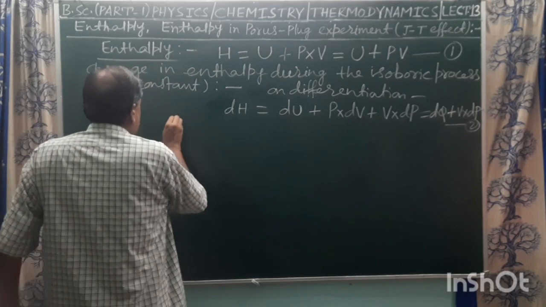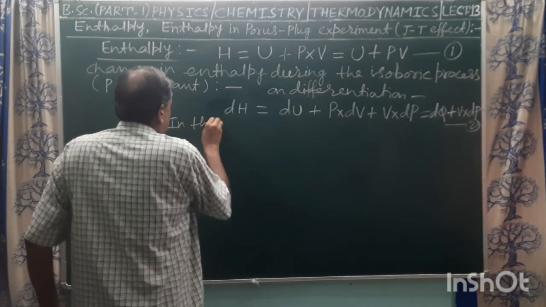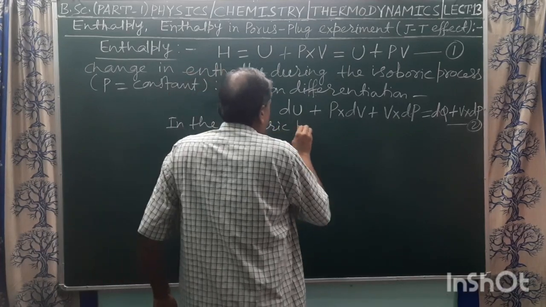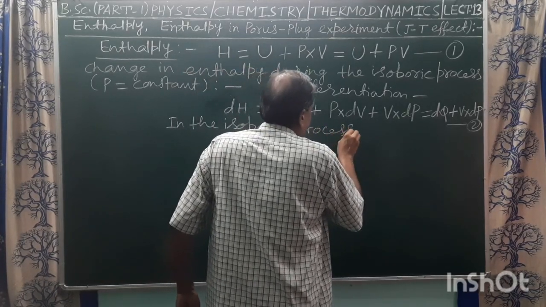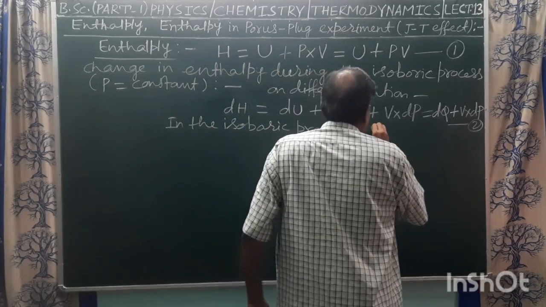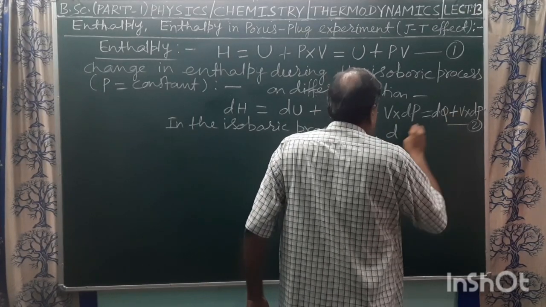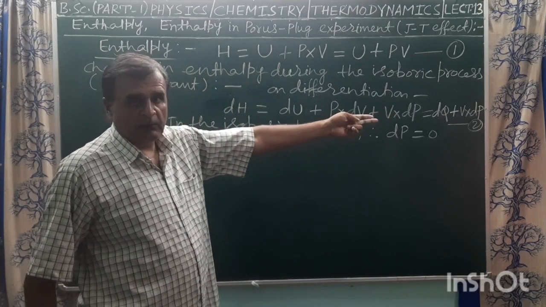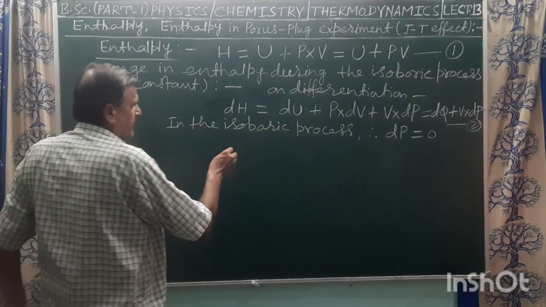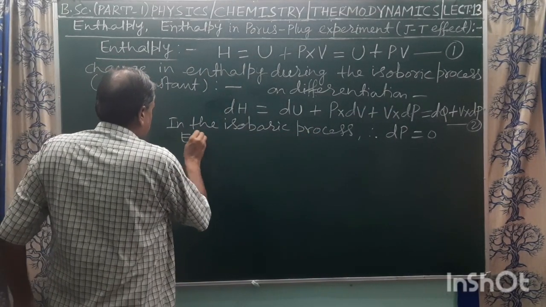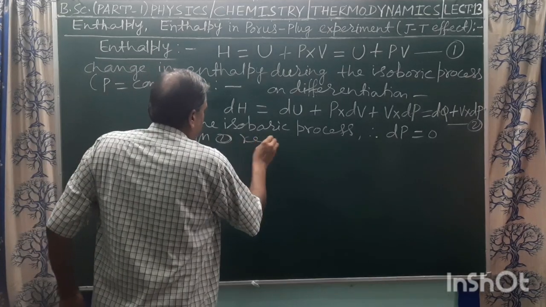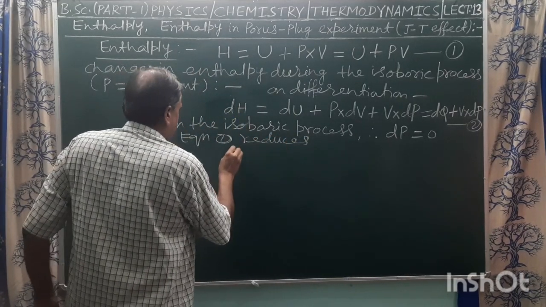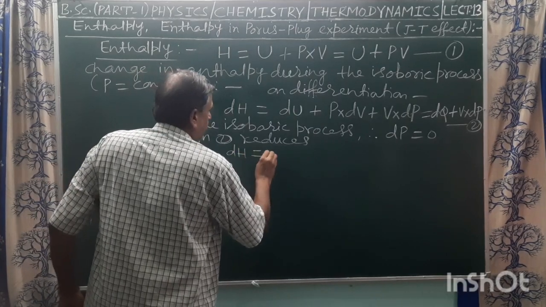So in the isobaric process, since pressure remains constant, therefore change in pressure, that is dP, is equal to 0. So putting dP equal to 0 in equation 2, equation 2 reduces to: LHS is the change in enthalpy dH. So dH equals dq.